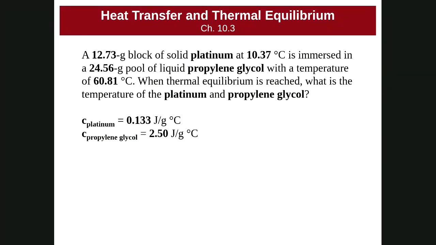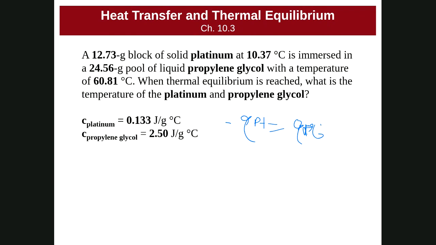So what is the temperature of both when thermal equilibrium is reached? So again, our formula that we're going to need here is that Q negative of platinum is equal to Q of propylene glycol, which I'll call PG.